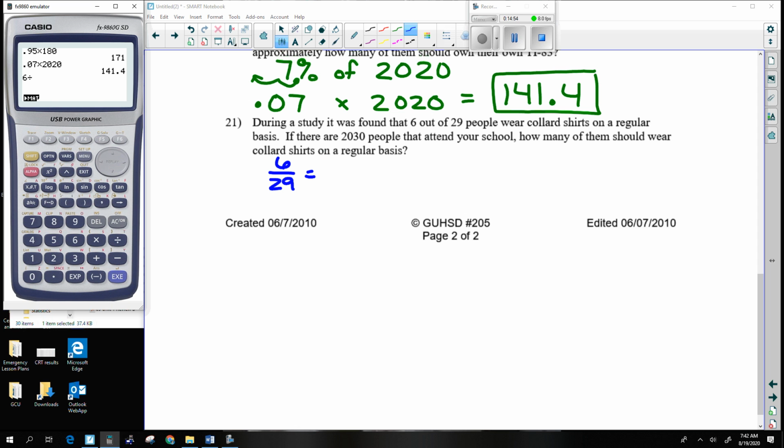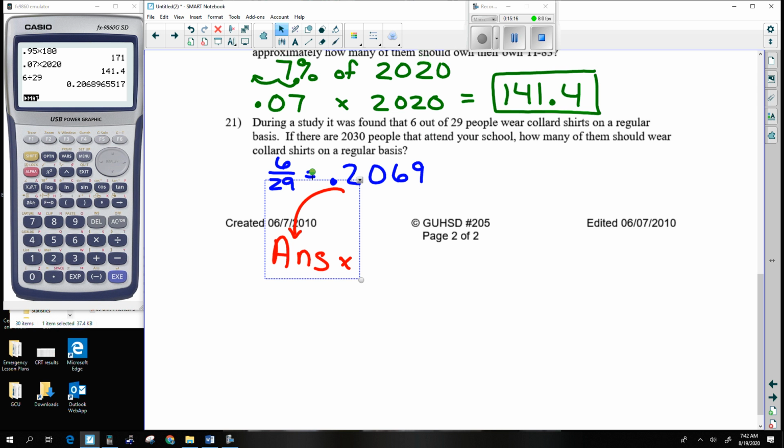So 6 out of 29 is that decimal. Again, don't touch that decimal. In calculator speak, I'm going to say that is answer, and then just kind of use it from there.